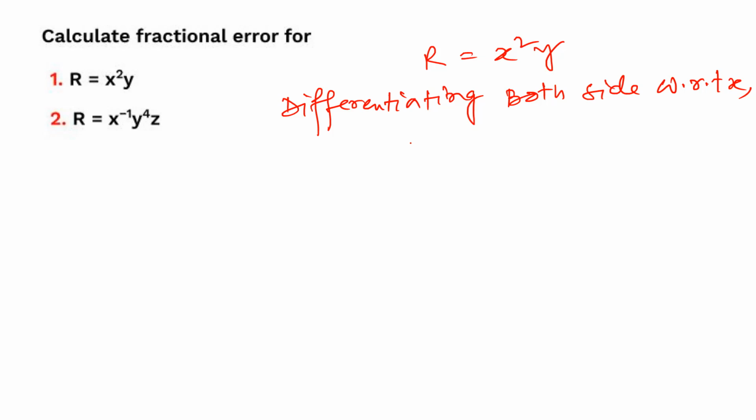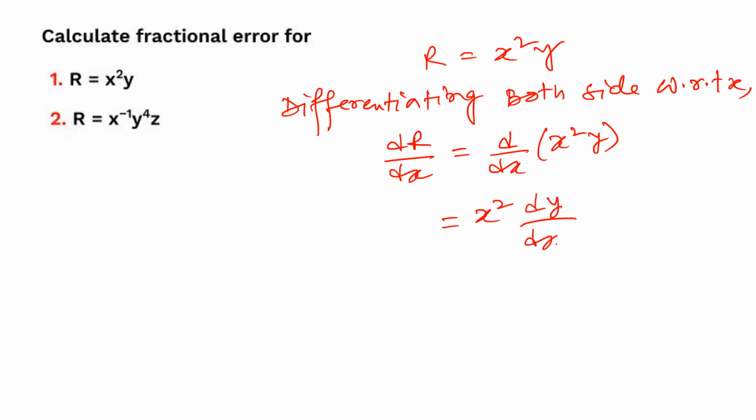So in this case, if I differentiate, I will get dr/dx, and it is equal to d/dx of x square into y, right? Now what formula should I apply over here? That is, first unchanged, derivative of second, plus second unchanged, derivative of first.